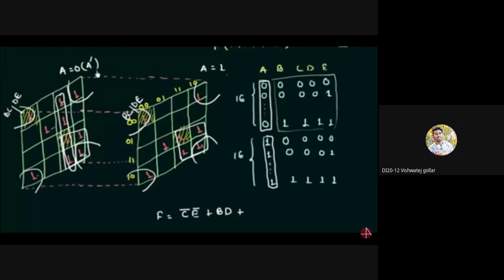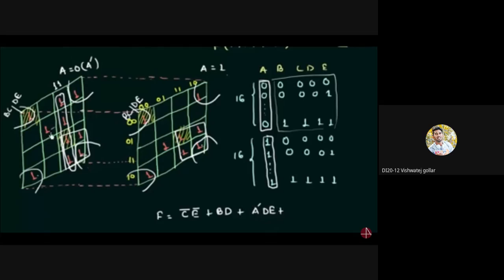So it means A is not changing from 0 to 1. So we have to consider A as a complement because it is present in the complement map of A. So I will write A complement, and this is your 1 1. BC is changing from 0 to 1. DE is 1 1. So A complement DE.